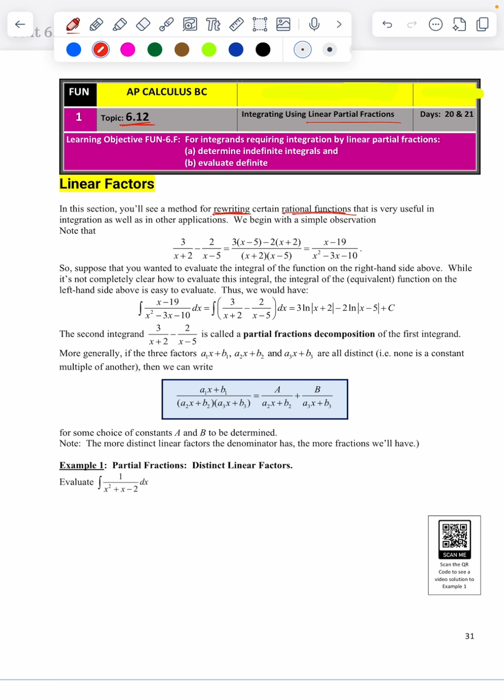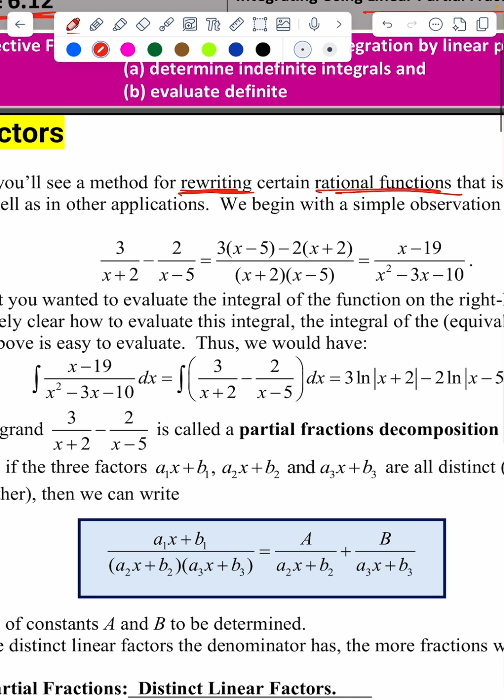So we begin with this simple observation. You guys know that when we have a problem that's 3 over x plus 2 minus 2 over x minus 5, we can combine it by multiplying the 3 over x plus 2 by x minus 5 on the top and the bottom to get a common denominator.